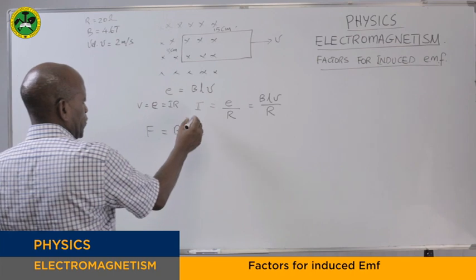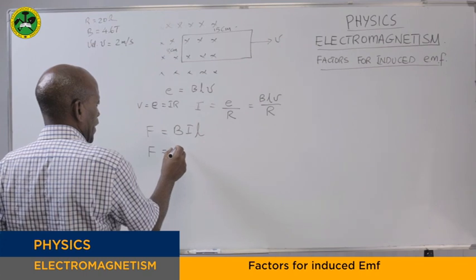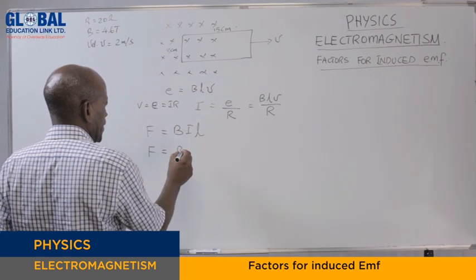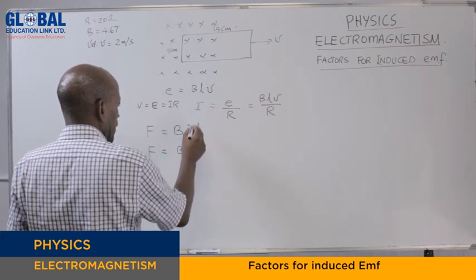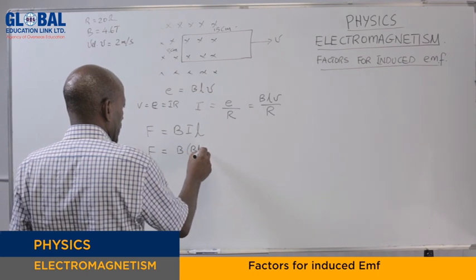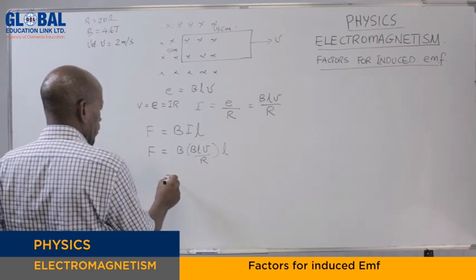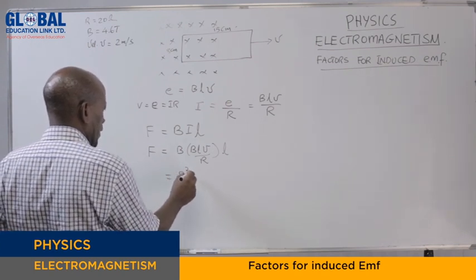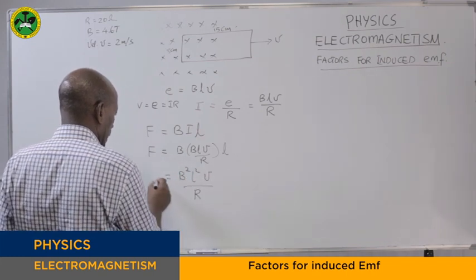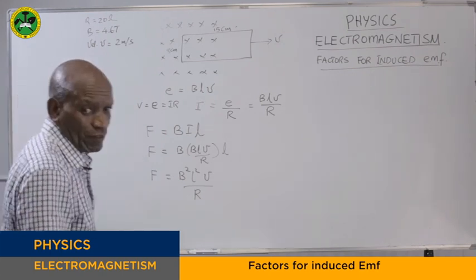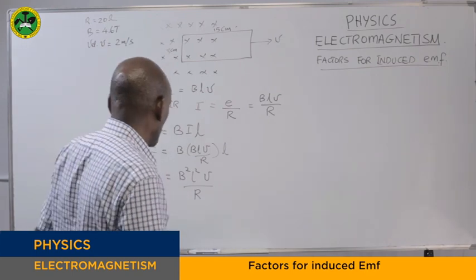So we can substitute this particular current into the expression. The force will be B times I, where I is equal to B times L times V over R, times L. The whole of this gives the force to be equal to B squared L squared times the velocity V over R. So this is the force at which it will be moved.